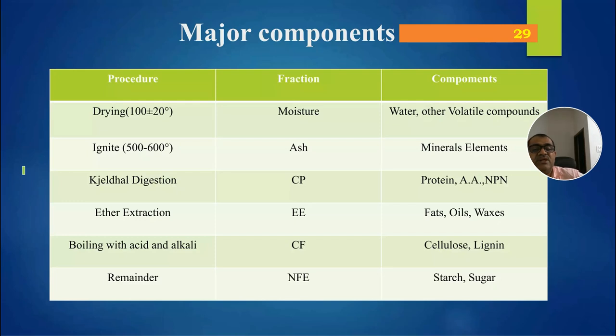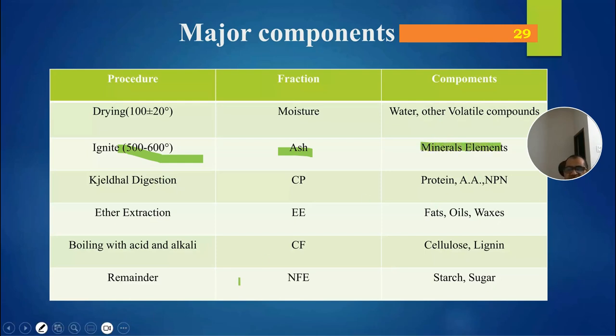Then the components that are dried, water or other compounds, will be eliminated out of the feed, and you can take that particular feed and the selling can also be done. Whereas the ignition method is a 500 to 600 degrees Celsius procedure. It is above that. Then only the ash fraction is there, and ash means mineral elements.